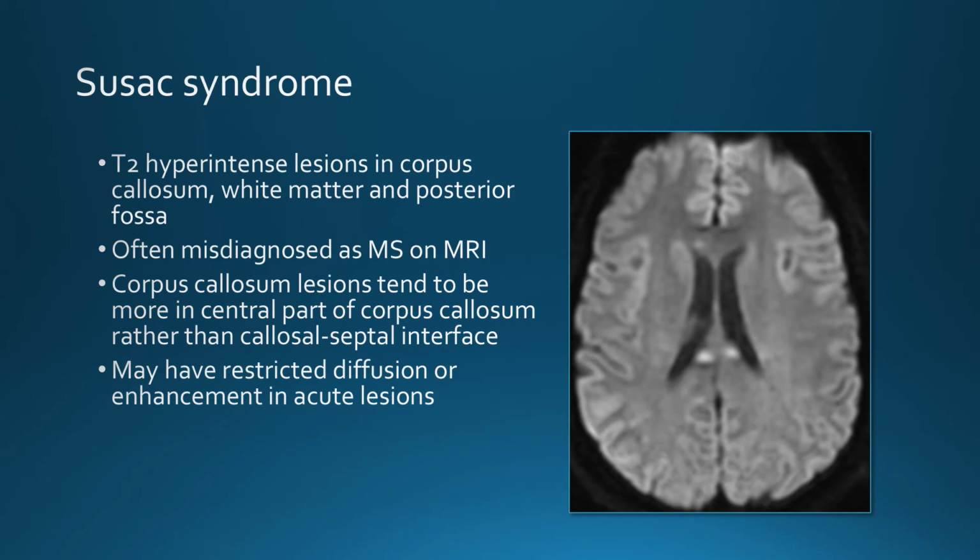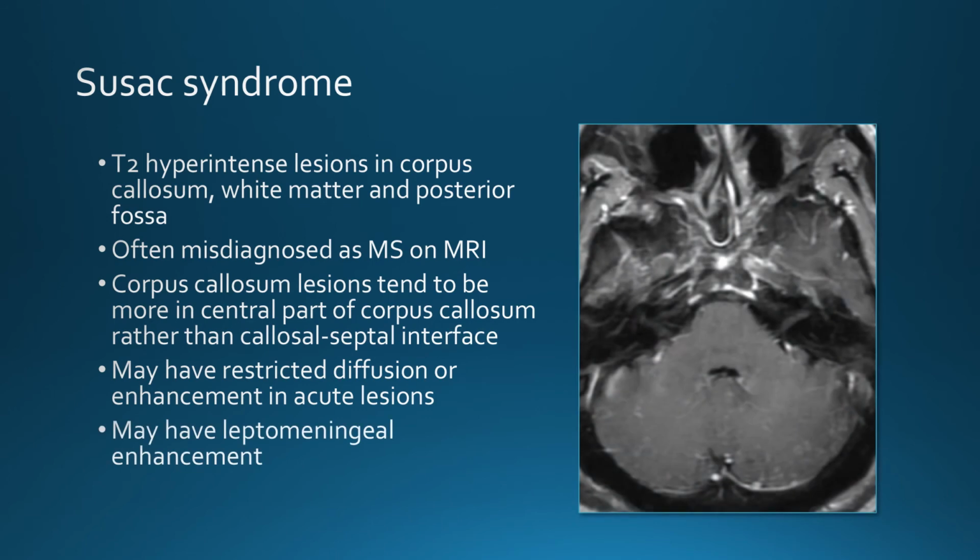Again, it doesn't necessarily distinguish it from MS, although the restricted diffusion is more typical in Susac. Restricted diffusion is actually quite uncommon with MS. Susac is a vasculitis, so the restricted diffusion is more common. And leptomeningeal enhancement is uncommon in MS, but you can see it sometimes in Susac syndrome.